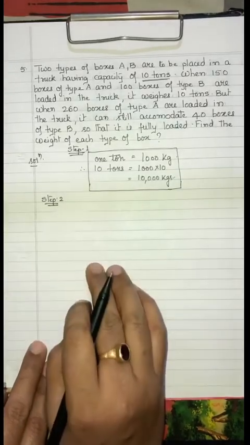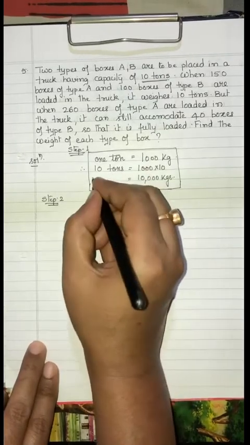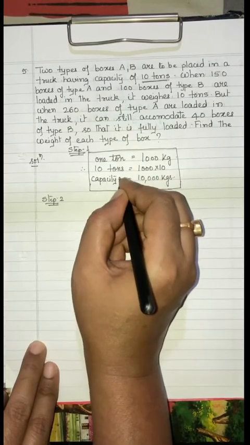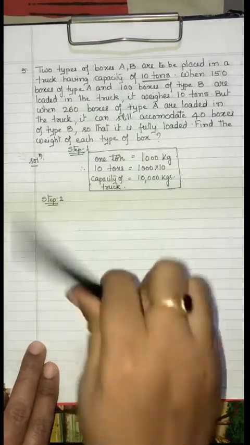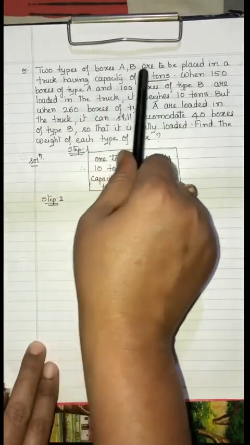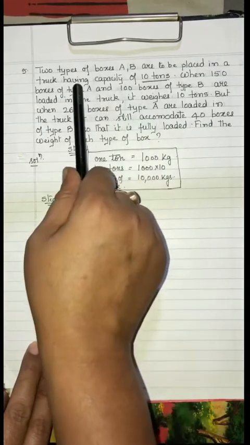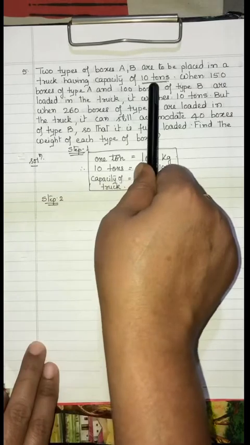Okay. Now let us come to step 2. What is being said? So 10,000 kilograms is what, children? It is the capacity of the truck. Fine. Now next. Here 2 types of boxes A and B are to be placed in a truck having capacity of 10 tons. The capacity of the truck is given, children, as 10 tons.